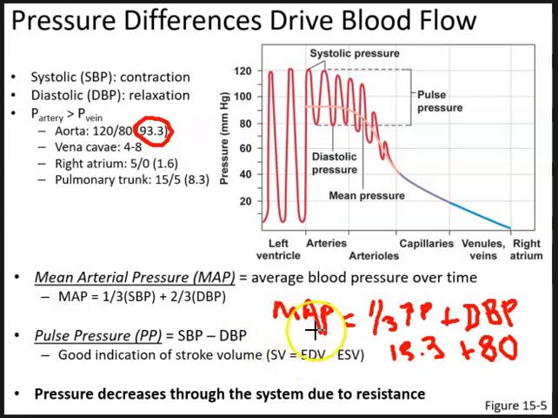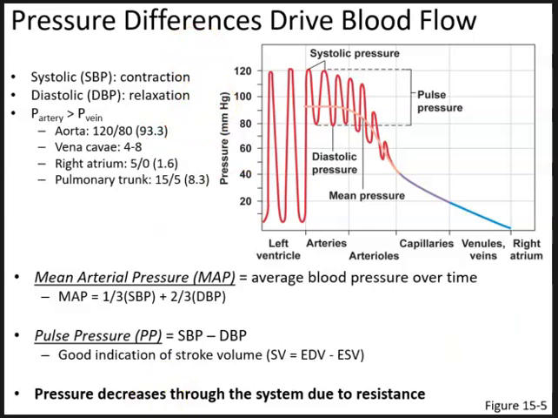So mean arterial pressure equals 1/3 pulse pressure plus diastolic blood pressure is a simpler formula to get mean arterial pressure. We also know that pulse pressure measures the strength of the pressure wave, and it's also a good indication of stroke volume. So the higher the pulse pressure, the higher the stroke volume. And we'll talk about stroke volume in the next slide.